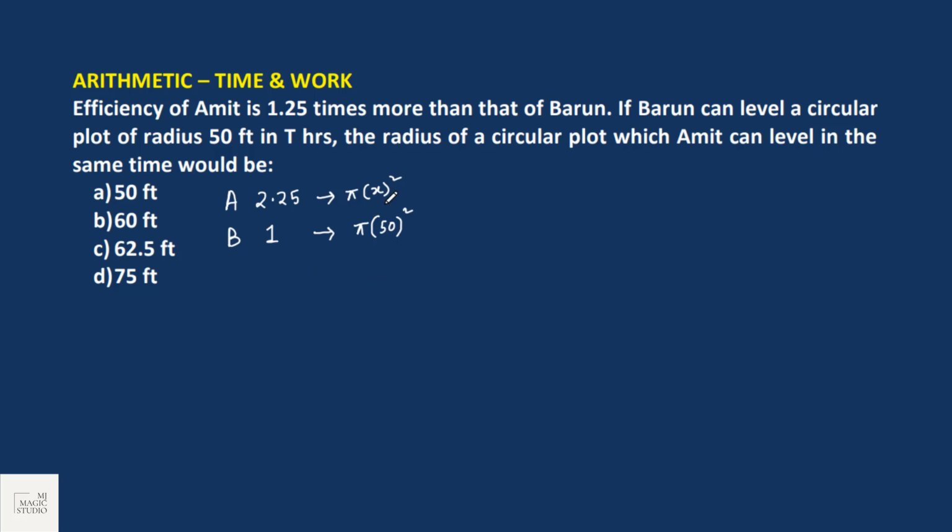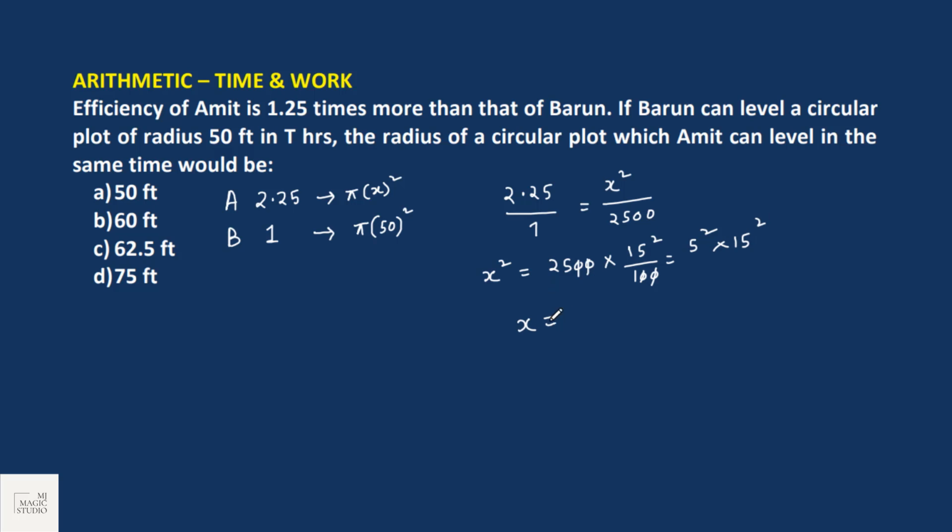So now this efficiency ratio should equal the work ratio. 2.25 by 1 is equivalent to, we can cancel out the pi's, x square upon 2500. Now how much is x square? 2500 into 2.25 is 15 square by 100, so this is 5 square into 15 square.